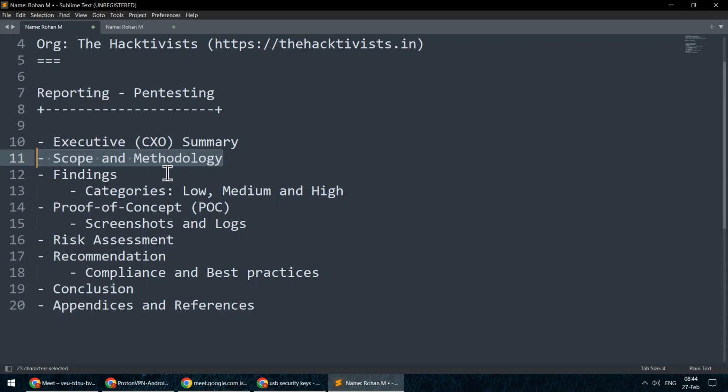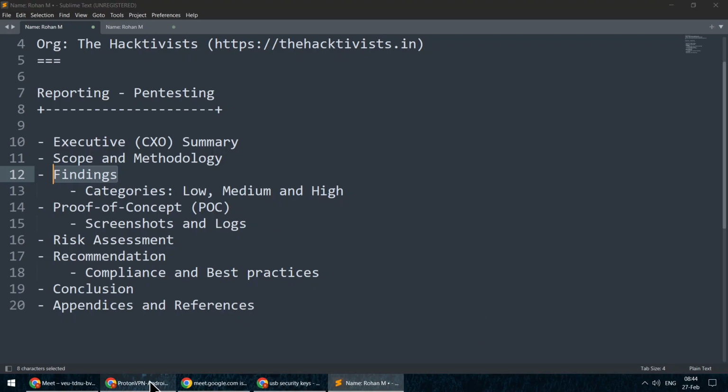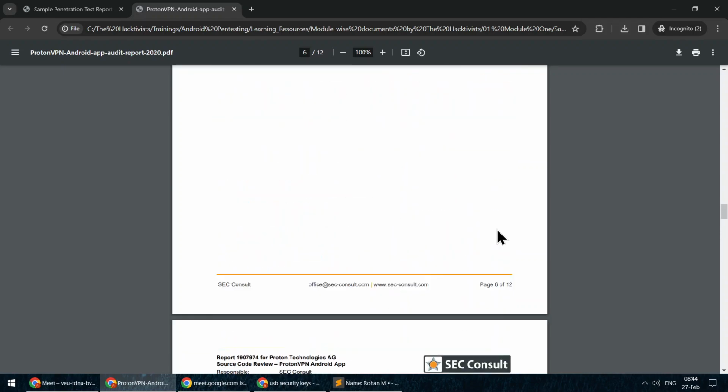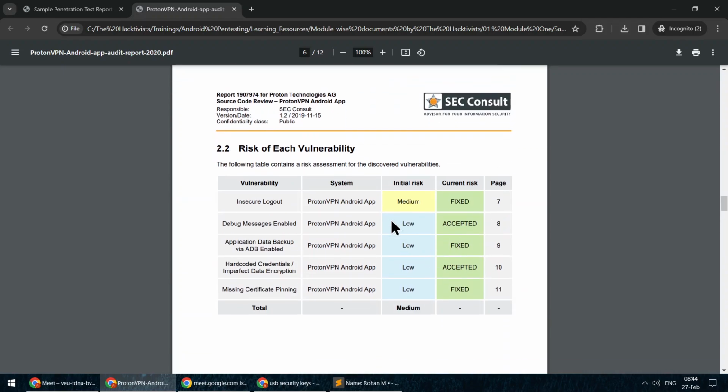Then the findings, what are all of the security issues that have been found, we will be categorizing them on the basis of low level, medium level and high level, as you can see in the report here. Low level, medium level, high level.